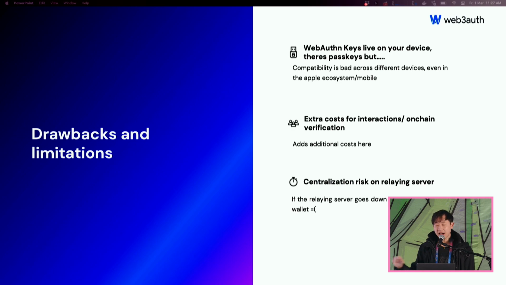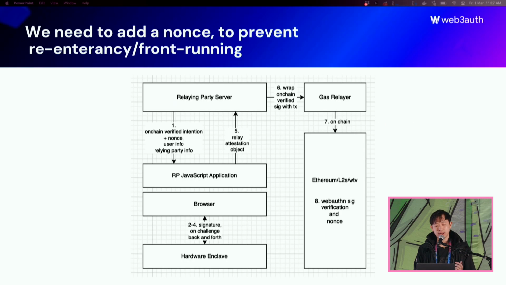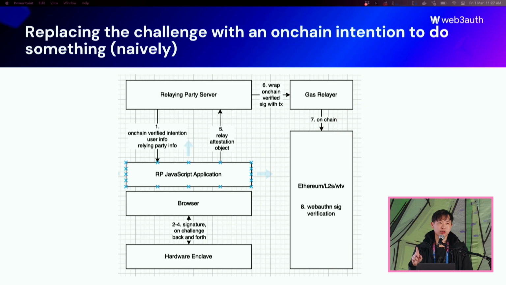And then last but not least, there's actually a centralization risk with the relying party server. Passkeys, as well as WebAuthn in general, are application scoped, meaning that there has to be a relying party issuing the challenge and receiving the response as well. This is required by the domain specification, and it's enforced by domain ownership and DNS ownership, right?